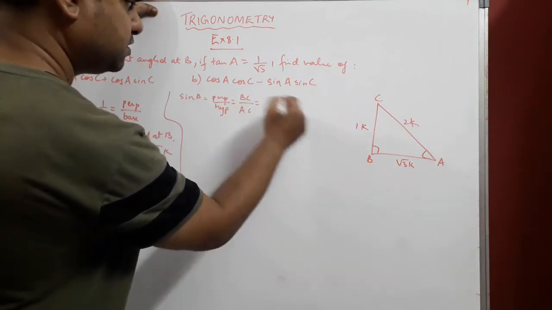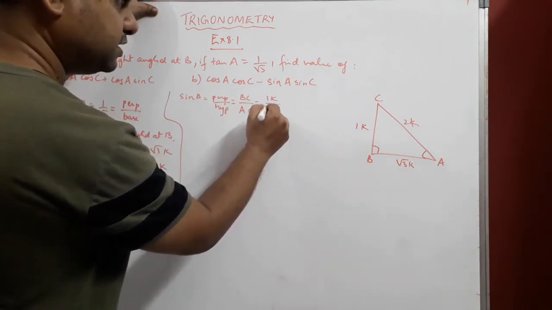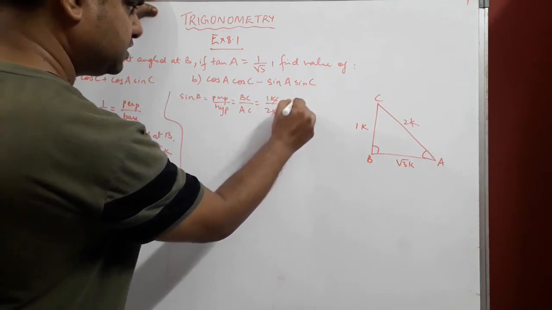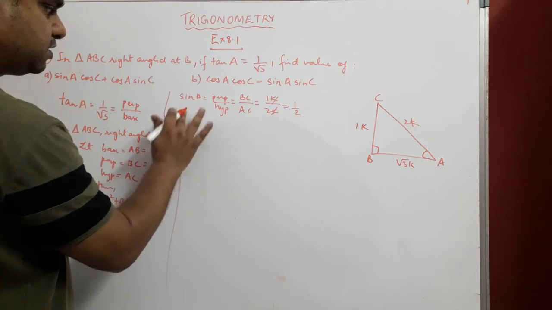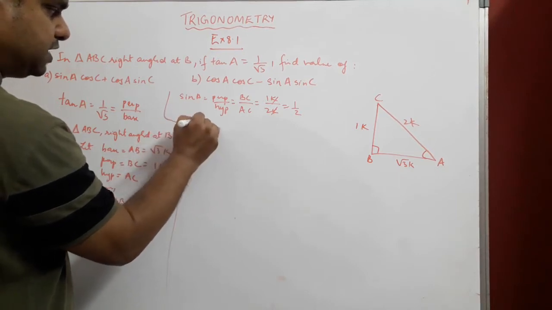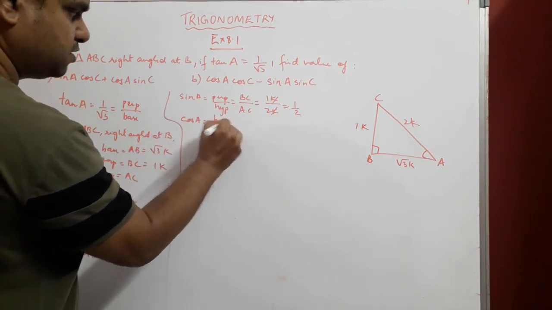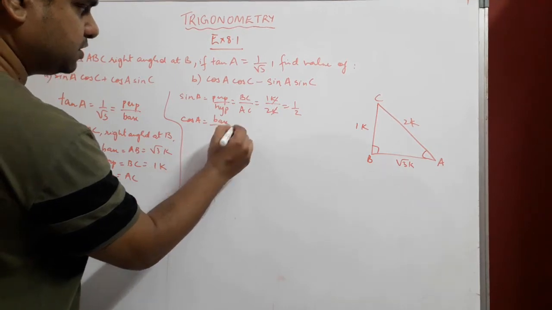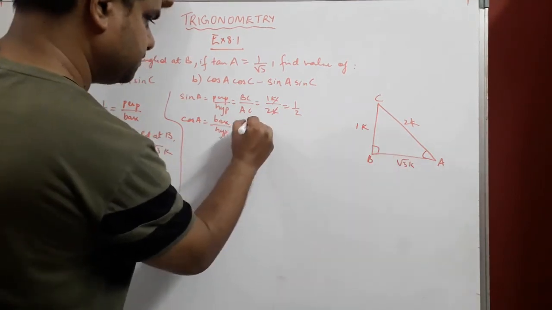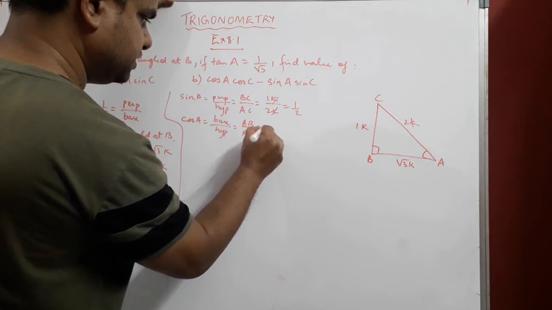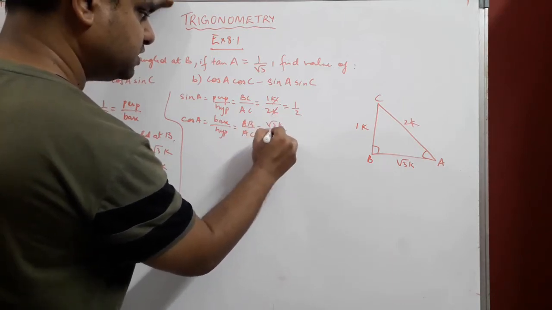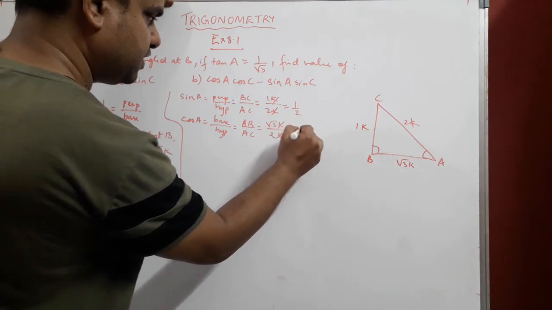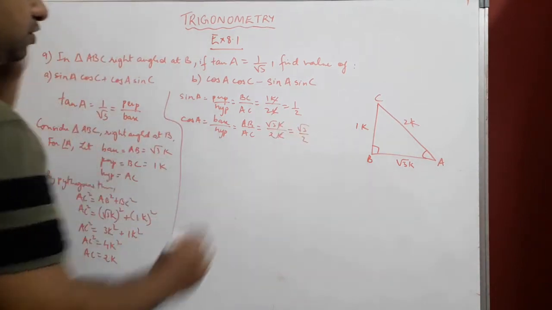And BC is 1k, AC is 2k. K cancel. That means we get sin A equal to half. What is cos A? Cos A is base upon hypotenuse. Base is AB. Hypotenuse is AC. AB is root 3k and AC is 2k. K cancel. We get root 3 upon 2. That is our cos A.